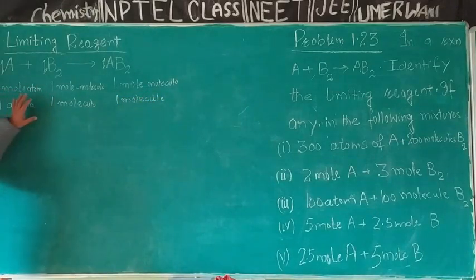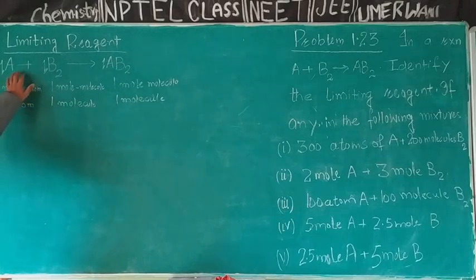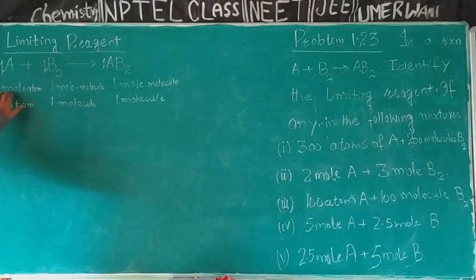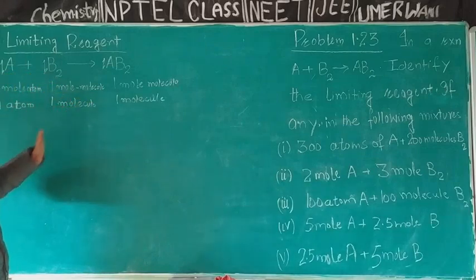This is the information conveyed to me by this balanced chemical equation regarding the reaction between A and B2 resulting in formation of AB2. These are the stoichiometric amounts of reactants A and B2 that are required to be maintained in this reaction.